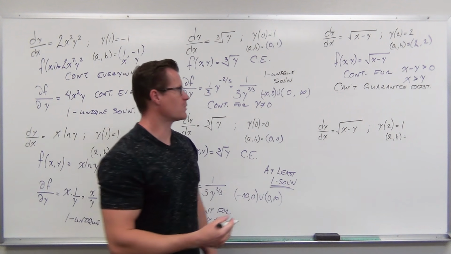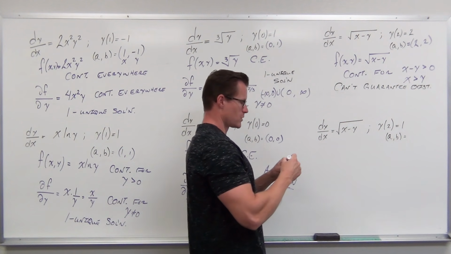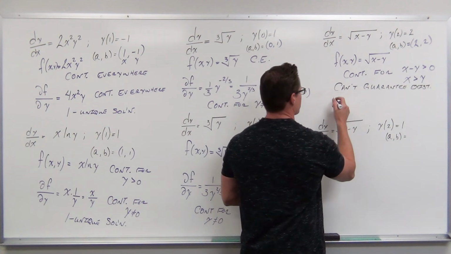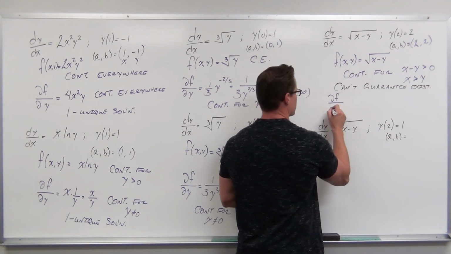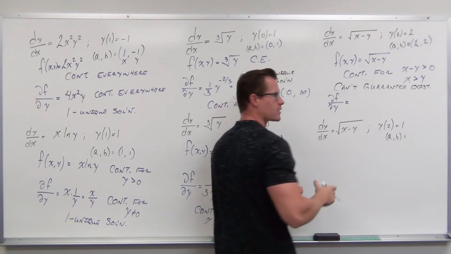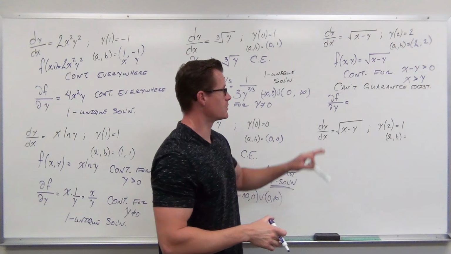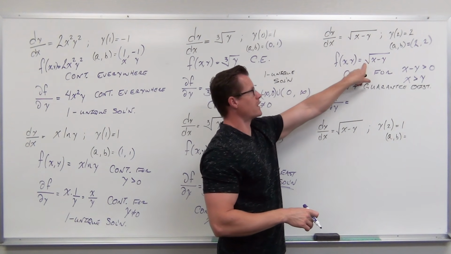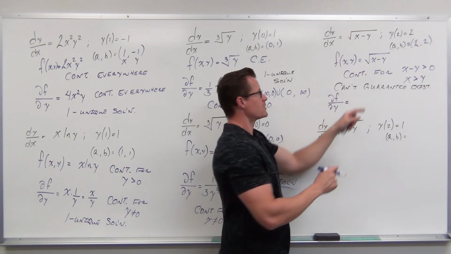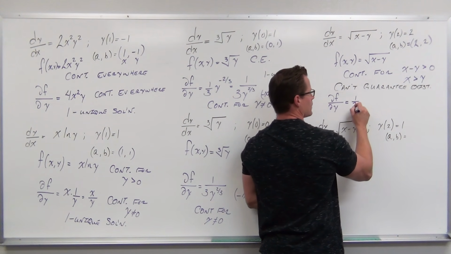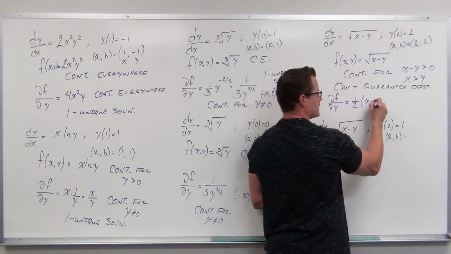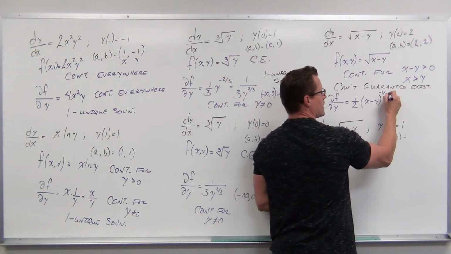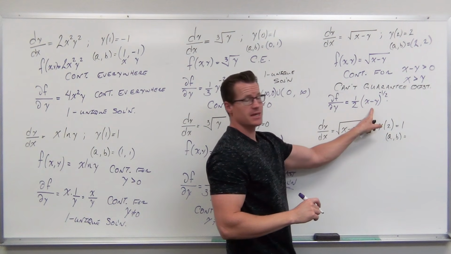And you can see that if you really want to. So if we do the partial derivative, we're going to run into the same exact situation. So if we look at this, we have a 1/2 power. We got a chain rule going on here. So 1/2 inside to the negative 1/2 times the derivative of the inside.